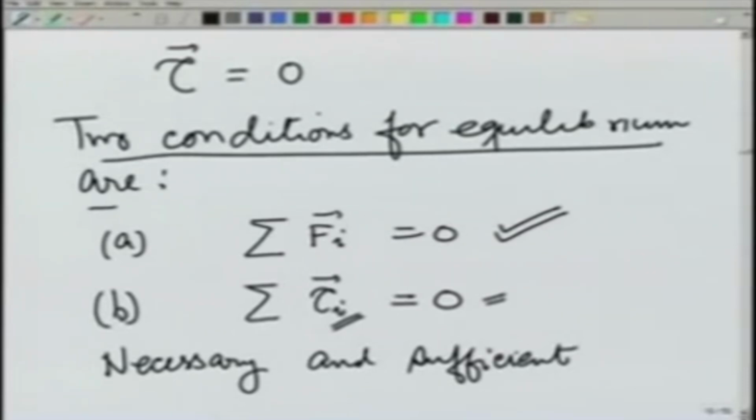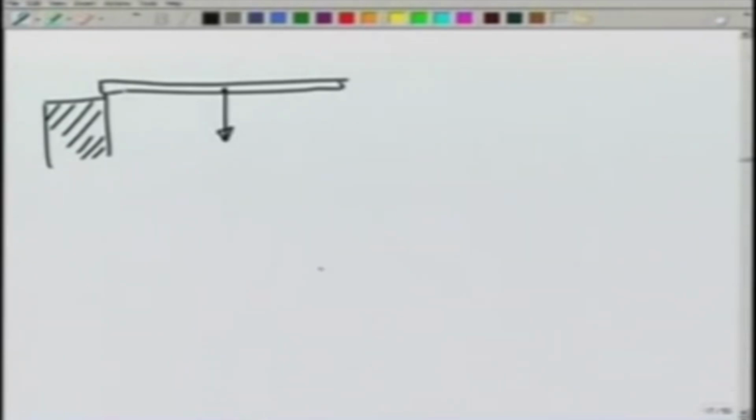Let us take an example, a simple one to start with. Suppose I have a beam which is being supported on a block of, say, cement. The beam is lightweight, so I can ignore its mass, and suppose it is holding a weight of 1000 newtons. What force F should I apply in order to hold this weight?